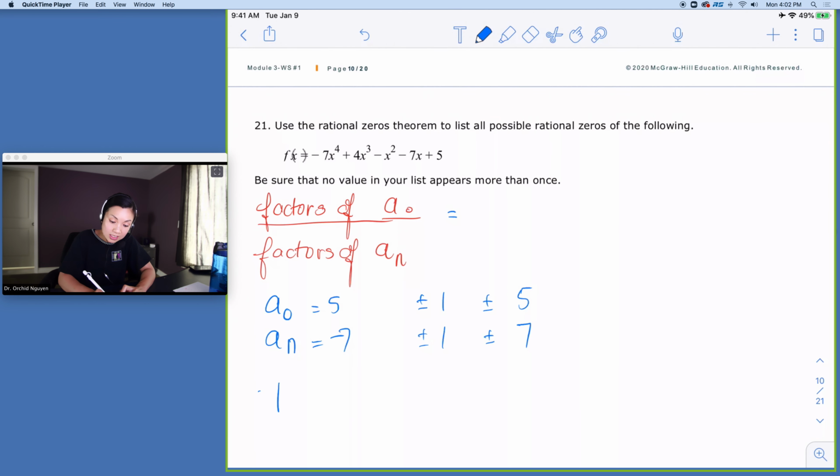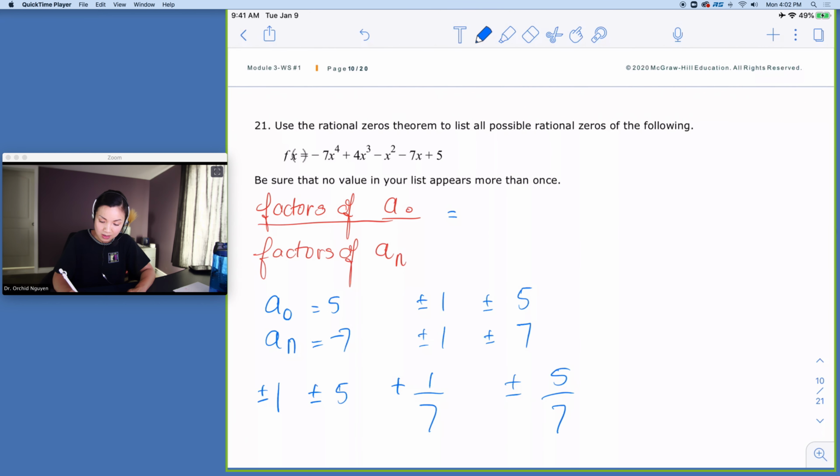And then I have plus and minus 5 over plus and minus 1, which is 5. Okay, so I did 1 and 5. Now I'm going to do 1 over 7 and 5 over 7. So plus and minus 1 over 7, plus and minus 5 over 7.